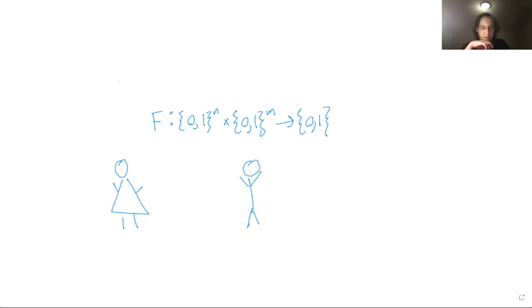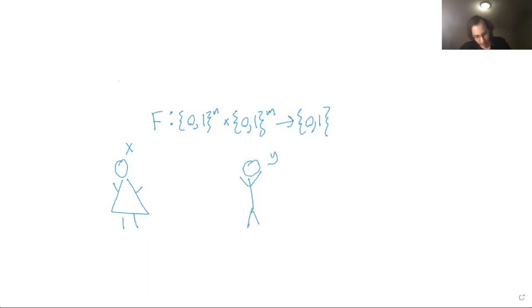Alice receives an input x, and Bob receives an input y. They want to compute f of xy. They know f, Alice knows x, Bob knows y. This is a function that requires both of their inputs together in order to complete the computation.